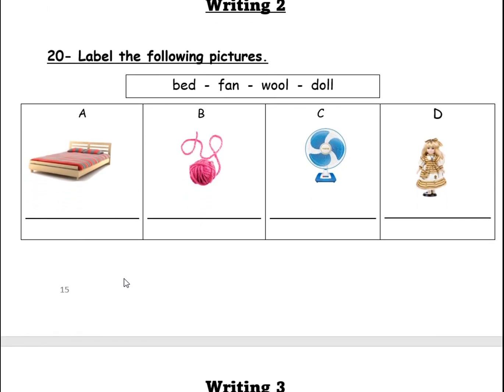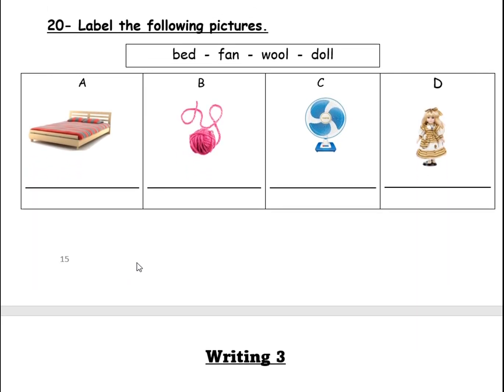Alright, now here we have to label the pictures. Let's read the words first. Bed, fan, wool, doll. Here we have bed, wool, fan, and here is a doll.